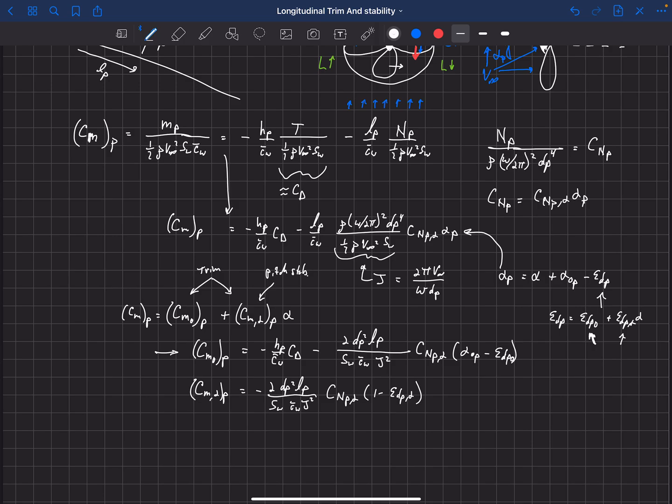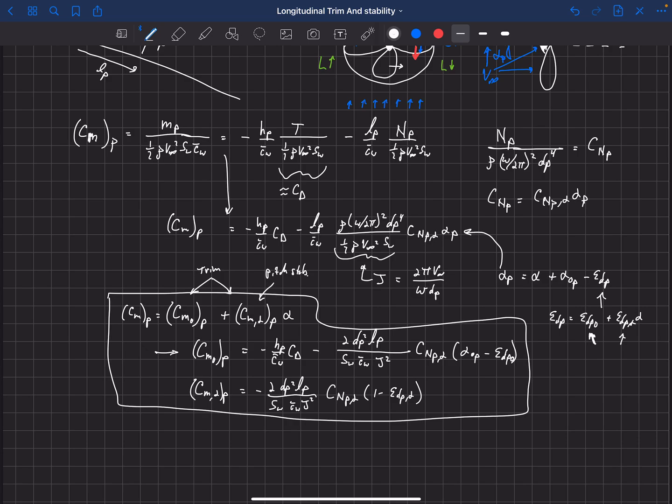Okay, so this is the final form, or at least for our discussion purposes here. This is a nice approximation for estimating the effects of the propeller on the pitch, trim, and stability.